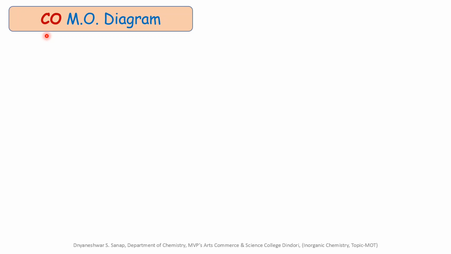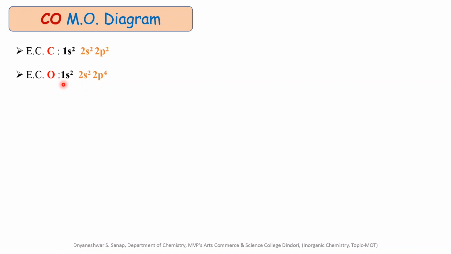First of all, we have to understand the electronic configuration for the carbon atom. The electronic configuration for carbon is 1s2 2s2 and 2p2. Similarly, the electronic configuration for oxygen is 1s2 2s2 and 2p4. There are two shells present in both atoms.